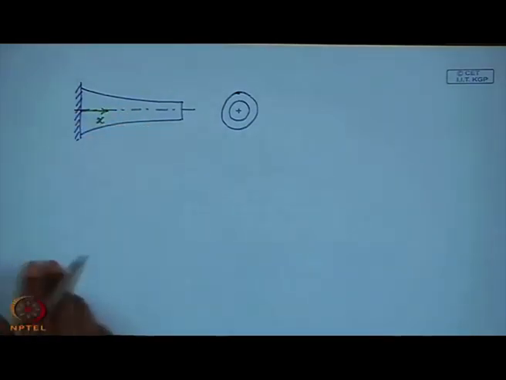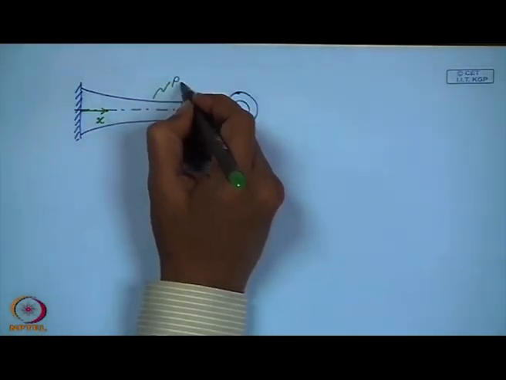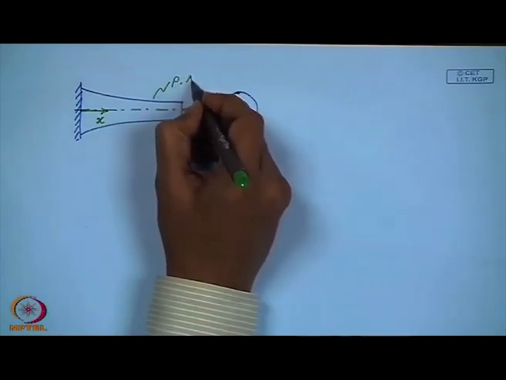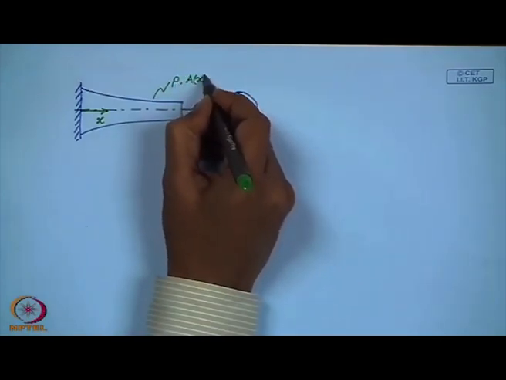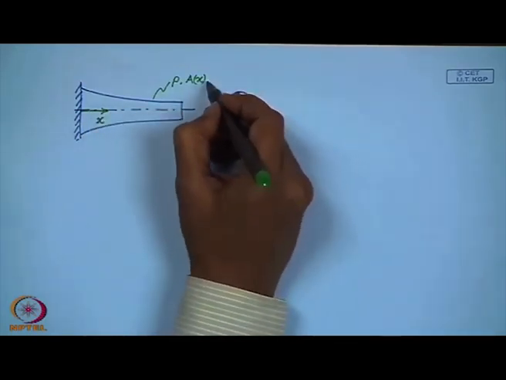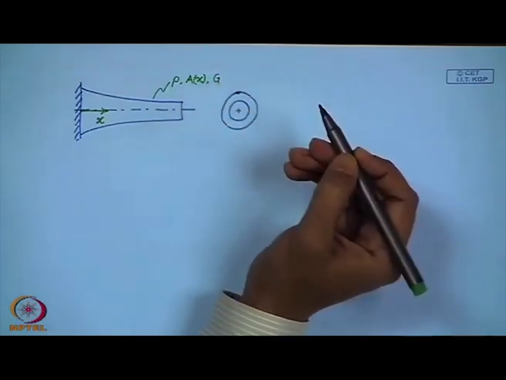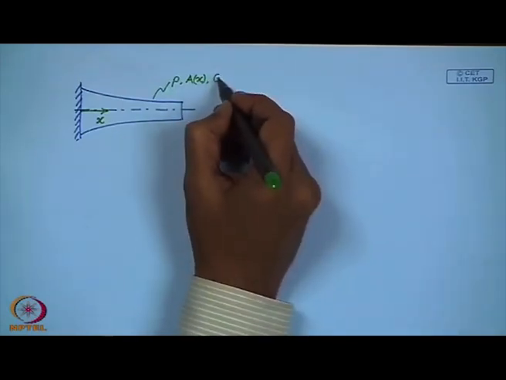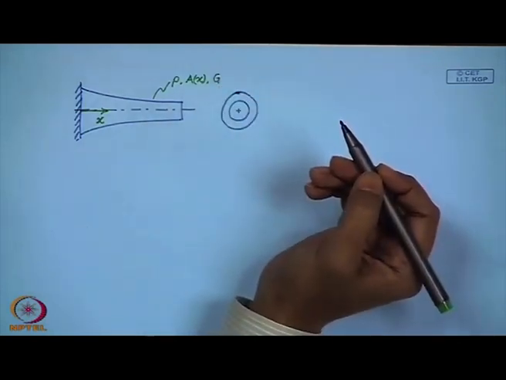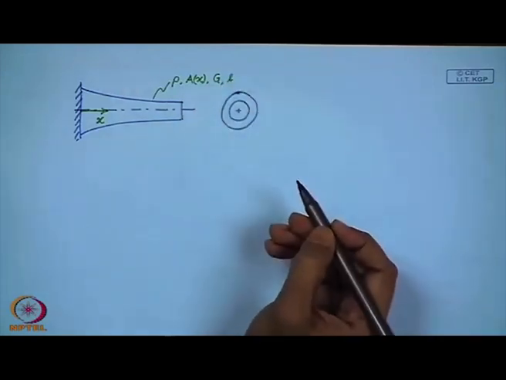So, here I have a circular bar made of a material of density say rho, an area of cross section which may be a function of the spatial coordinate x. The shear modulus or the modulus of rigidity is represented by G, and this has a length L.